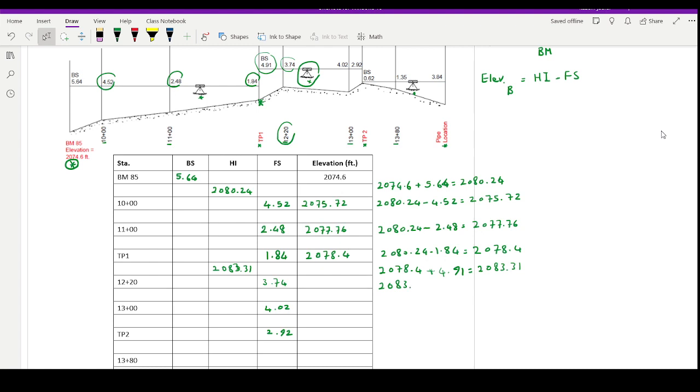So 2083.31. So you can see that now I'm using this new height of instrument that I calculated minus 3.74, and that's going to give us 2079.57, and I write it in here.